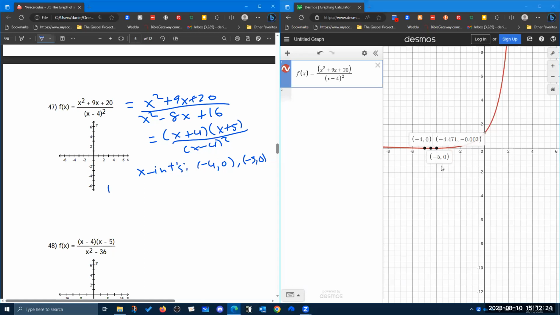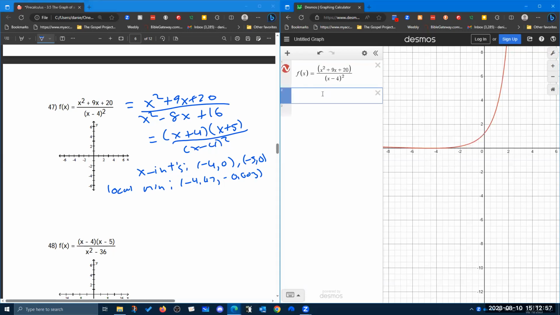There's a local min at (-4.47, -0.003). It's essentially 0, but it's not. So it's going to come down there and turn just below the x-axis. It's just going to have a little blip right down there below the x-axis before it turns back up.